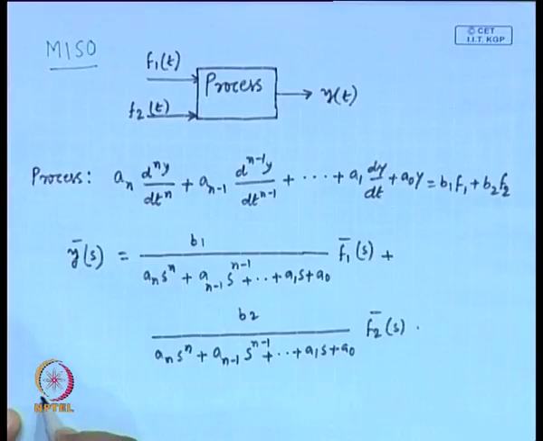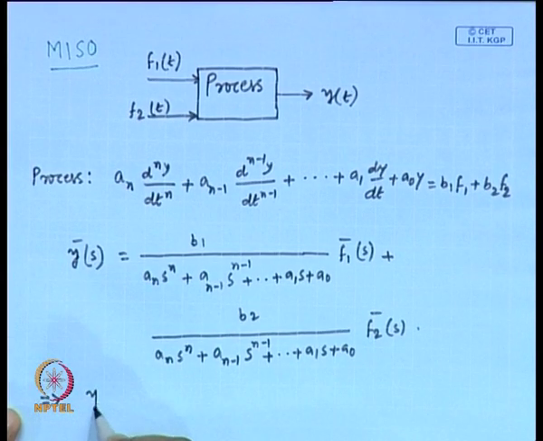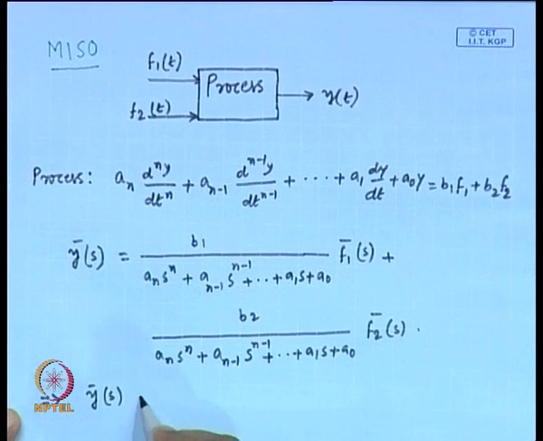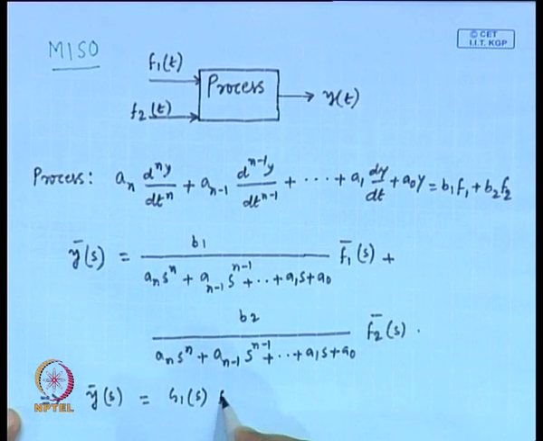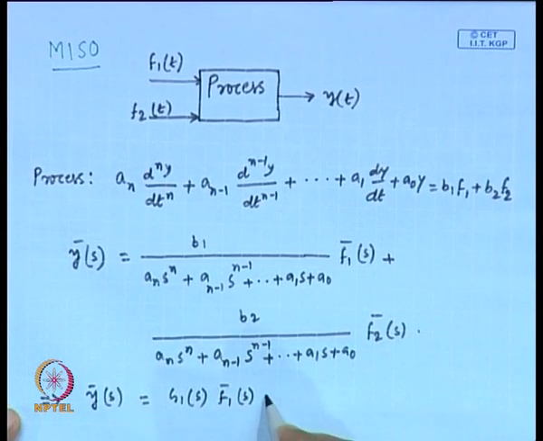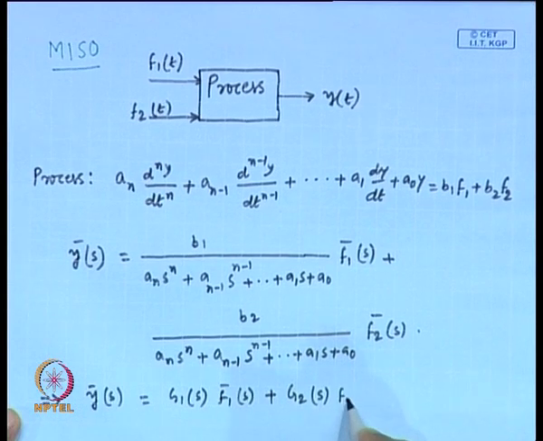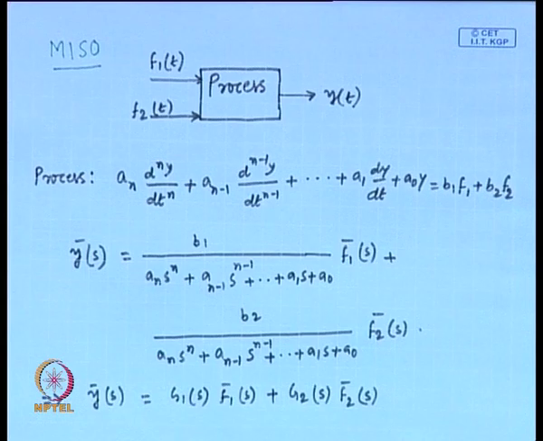So, we can write this equation in this form: Y bar(s) equals Z_1(s) F_1 bar(s) plus Z_2(s) F_2 bar(s).